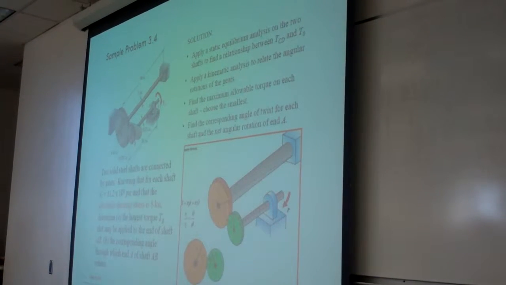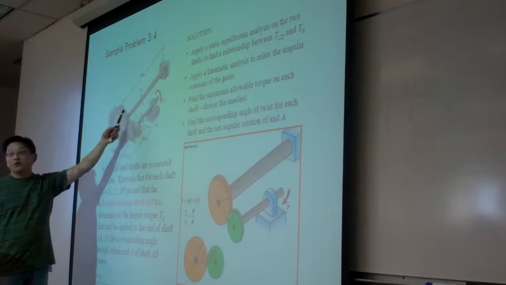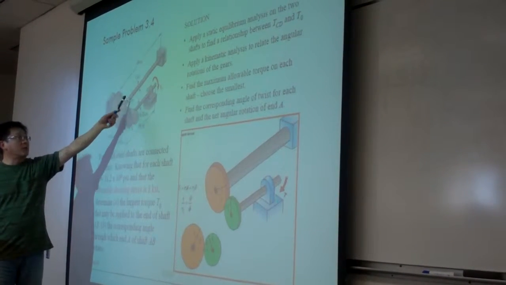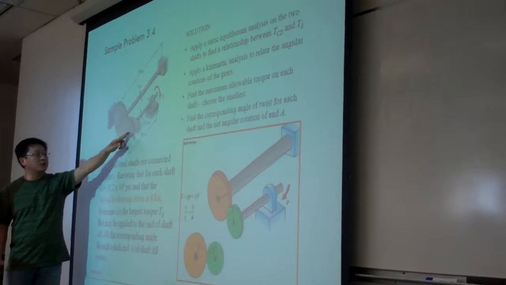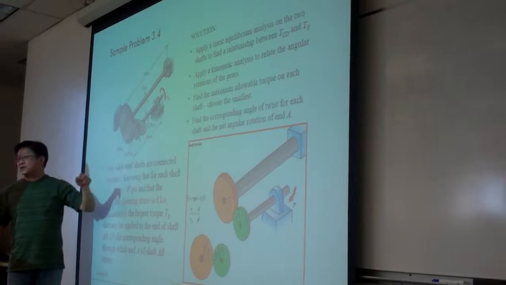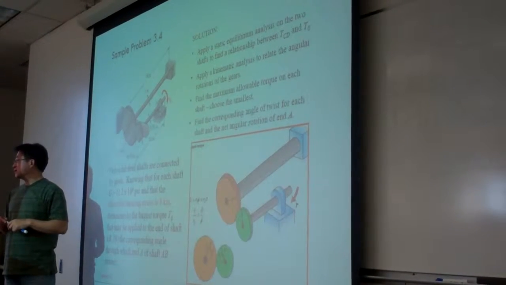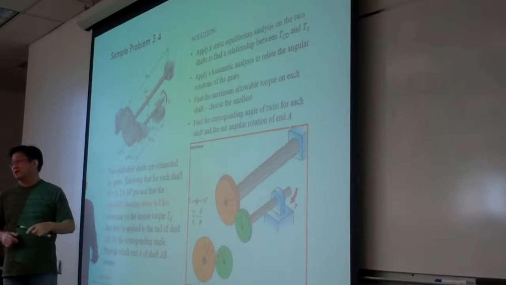For this example, we have 2 elastic shafts, which means they will have a twist angle. Those are the dimensions, and the size of each gear is indicated by its radius. The smaller the radius, the fewer gear teeth; the larger the radius, the more gear teeth.